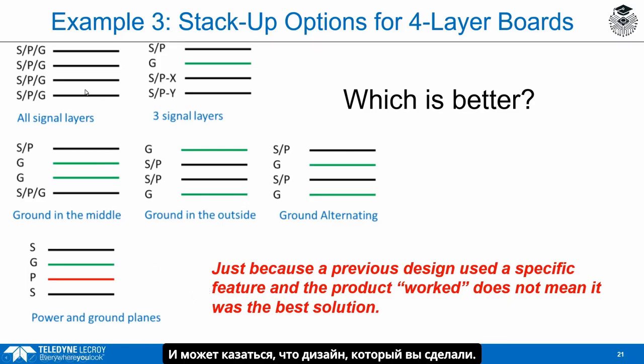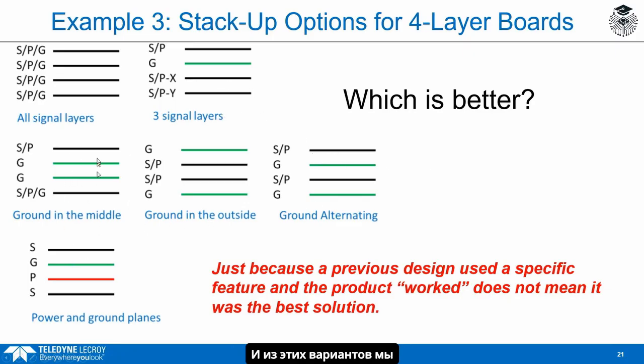And it may be that the design you built with this option or this option may have worked because you didn't have very many signals switching, you didn't have much dI/dt, and it was a marginal design, or you didn't exercise it enough, and the next time you ran that or other code that you might run, you might get an error. And so if you don't measure the noise, you don't know the relative performance.